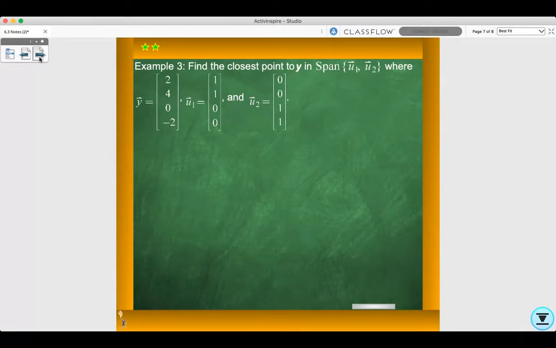Let's look at example 3. Find the closest point to y in span u1, u2, where y is 2, 4, 0, negative 2, u1 is 1, 1, 0, 0, and u2 is 0, 0, 1, 1. So we need to find the closest point, and that's the orthogonal projection y hat.